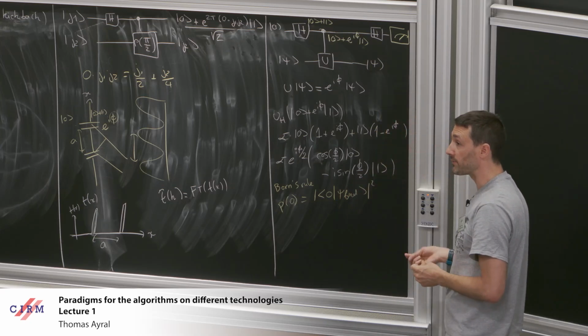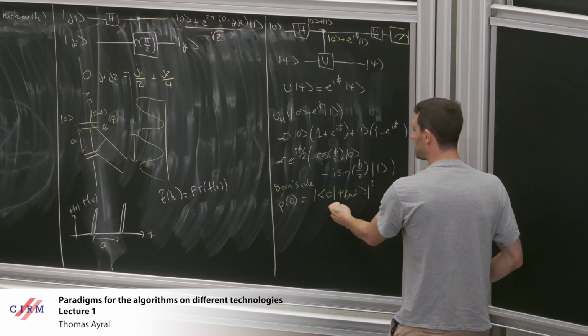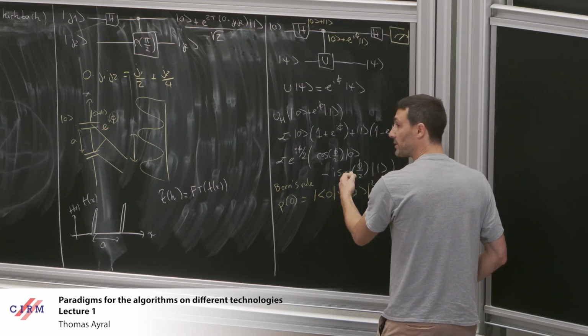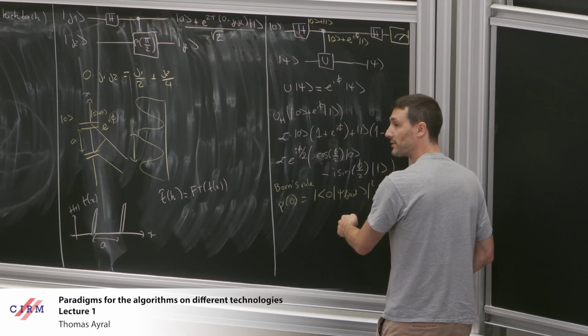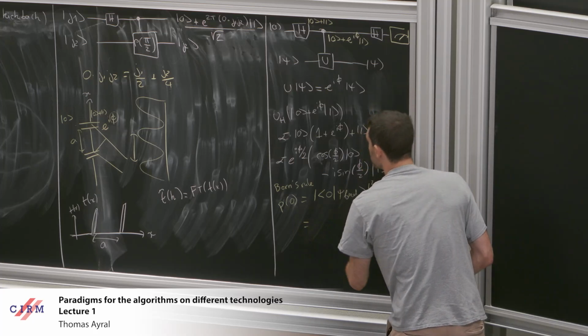So this is the rule. The probability of getting 0 is given by this. You see it's a line vector applied to a column vector, so it is a number, so it makes sense.